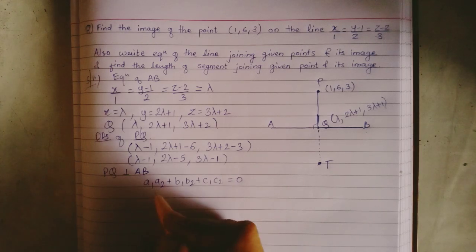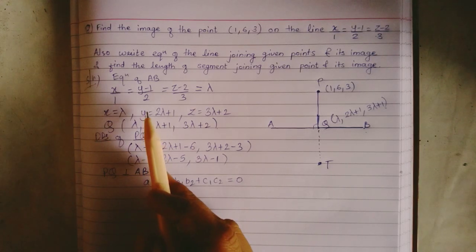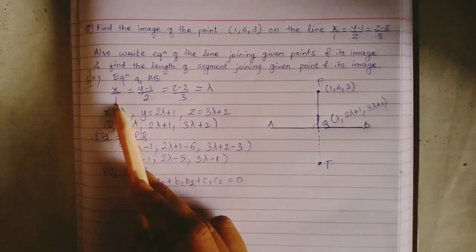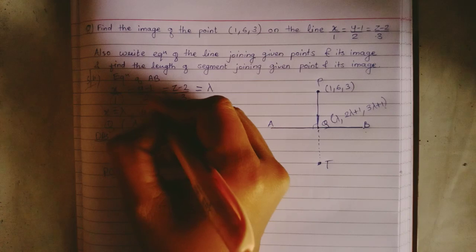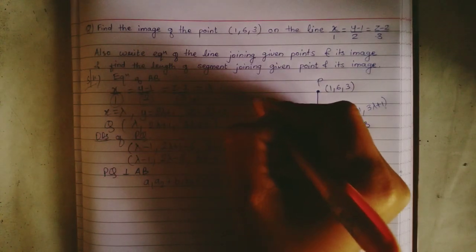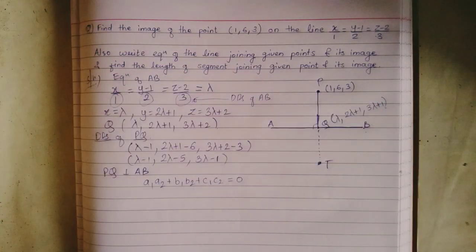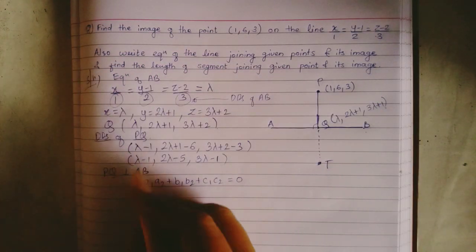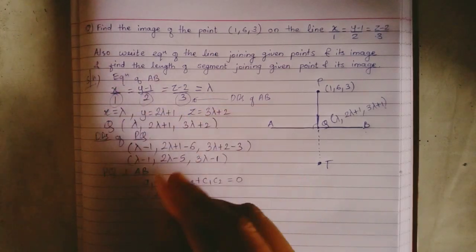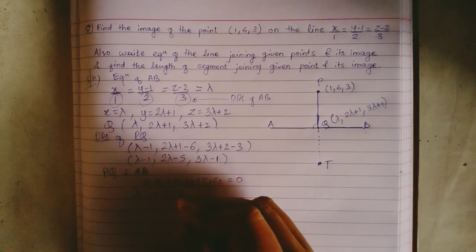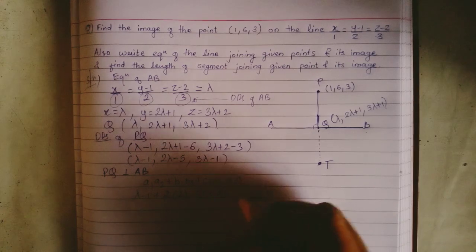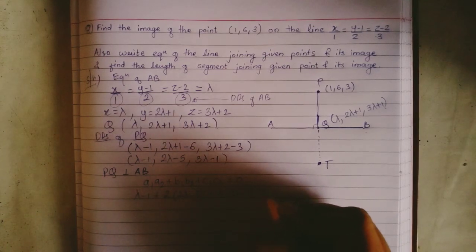Our A1, B1, C1 are from AB, so it is 1, 2, 3. These are the direction ratios of AB. So 1 into lambda minus 1, plus 2 into 2 lambda minus 5, plus 3 into 3 lambda minus 1 equal to 0.